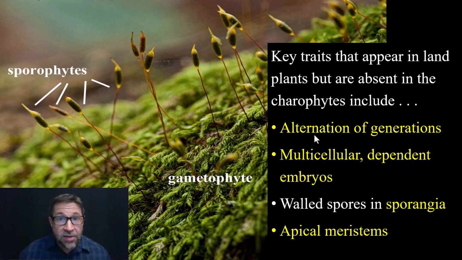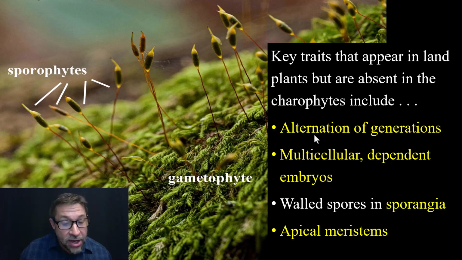Fourth characteristic that unites all of the land plants. All plants possess apical meristems. Apical meristems are found on the tips of plant roots, shoots, and leaves. And within these meristems, that's where the plants house their stem cells.